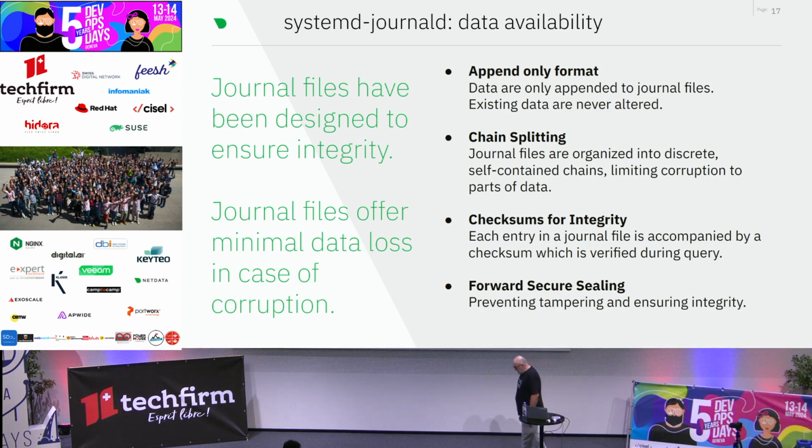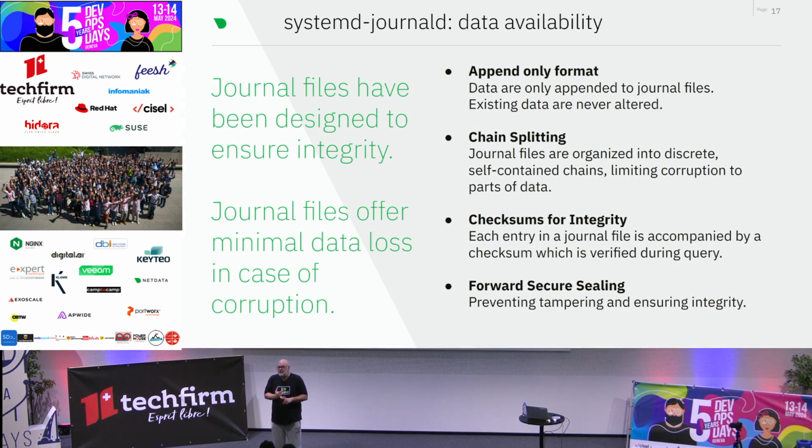Now, the data availability. This thing has been designed for amazing data availability. So it's an append-only format. It writes to files. It's a journal file, like a log file. It's binary, not text. But it's append-only, so it's the same as text log files. It has inside it chain splitting.